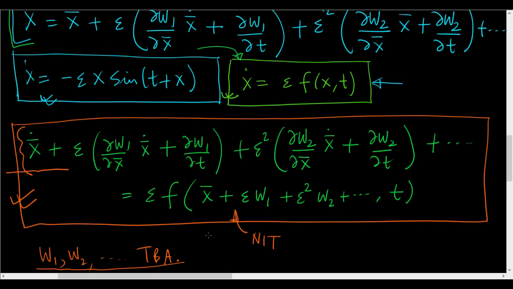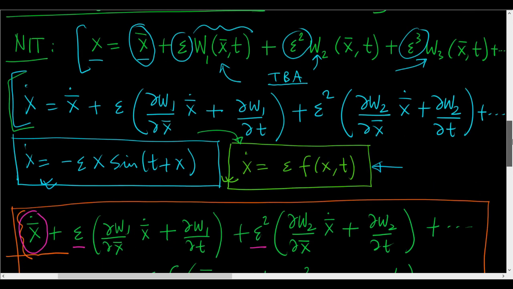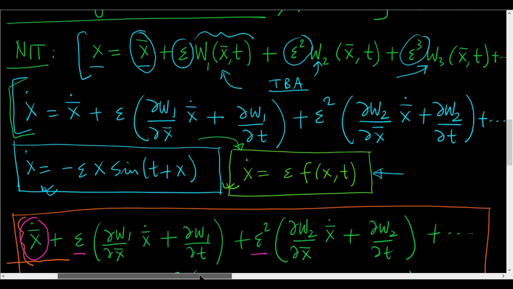Okay? Now here is the interesting thing. You see, here is x bar dot. This is order epsilon, this is even smaller, this is order epsilon. Therefore, x bar dot is also order epsilon. What have we gained? What we have gained is this.